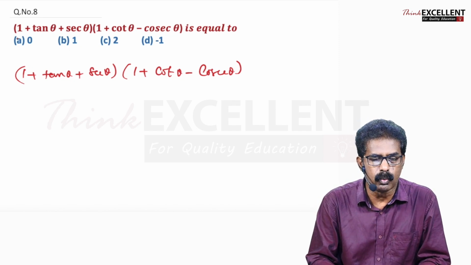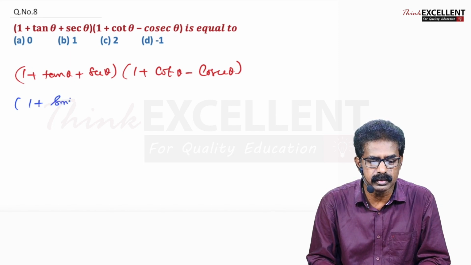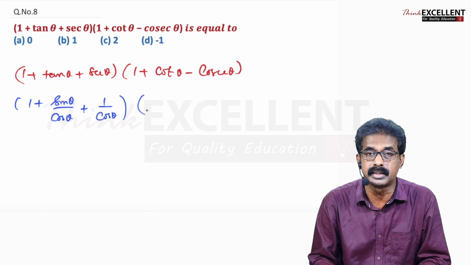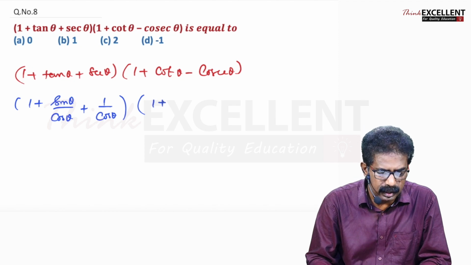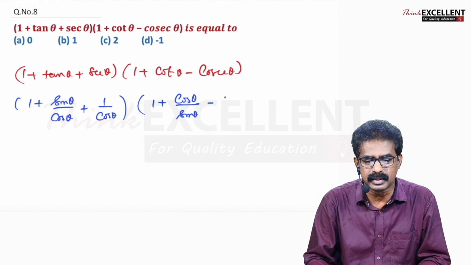So first is 1. Tan theta is sine theta by cos theta. Secant theta is 1 by cos theta. Into the second one, 1 plus cot theta, cos theta by sine theta, minus cosecant theta, 1 by sine theta.